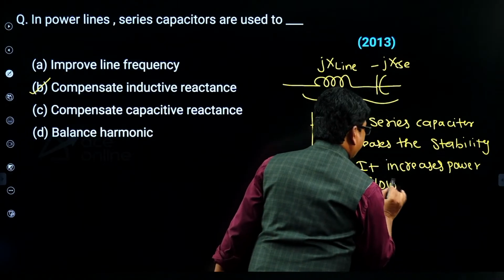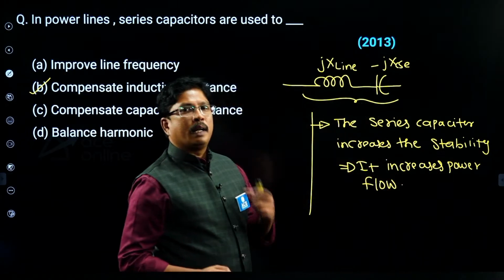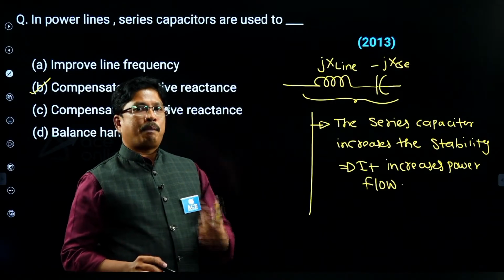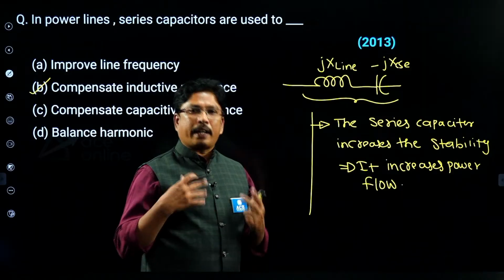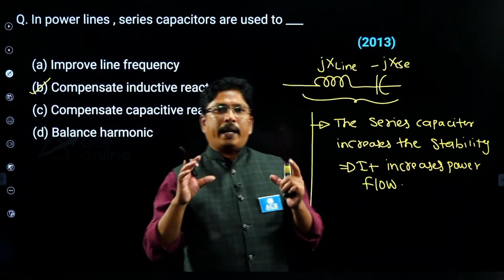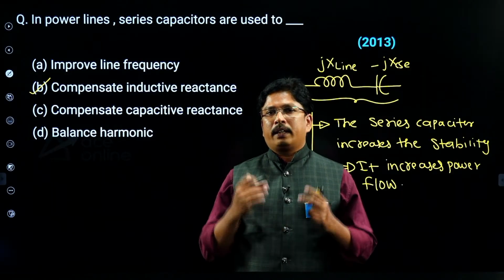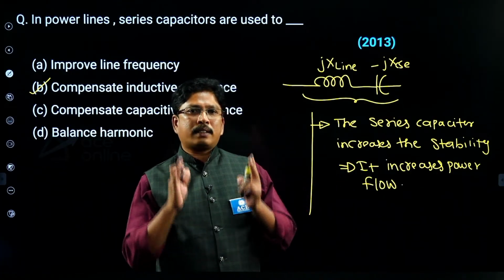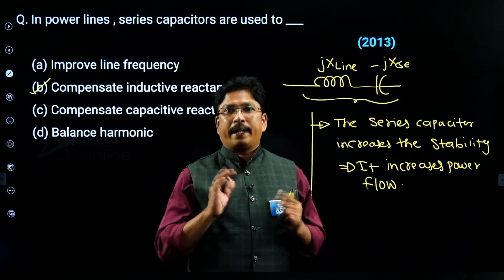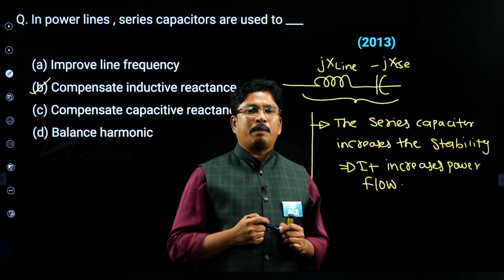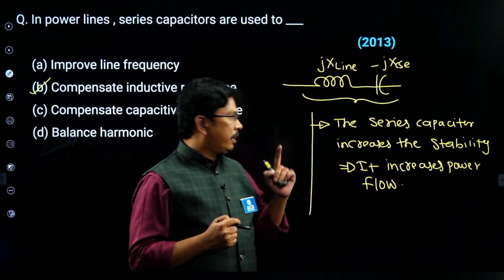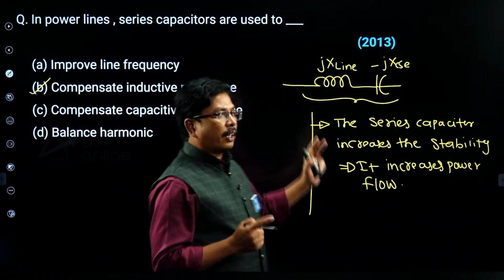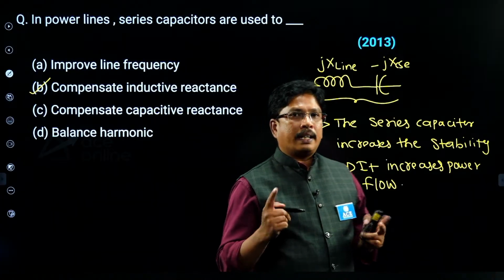The series capacitor is called a power enhancement device. If we have a question like this, to enhance the power flow in the transmission line, which of the following devices can be used, you have to answer as series capacitor.